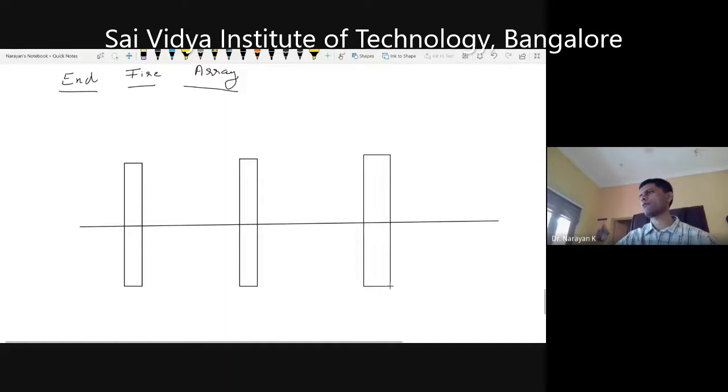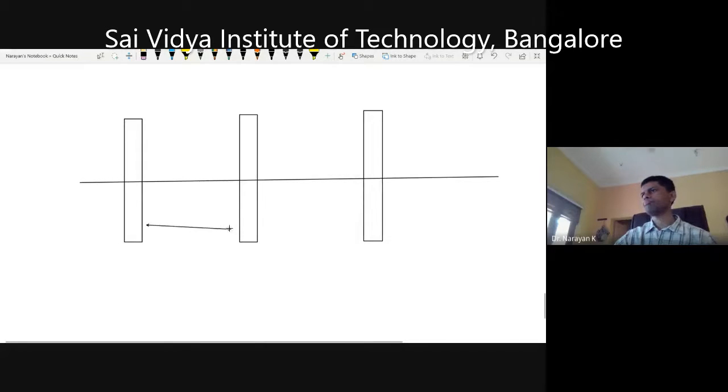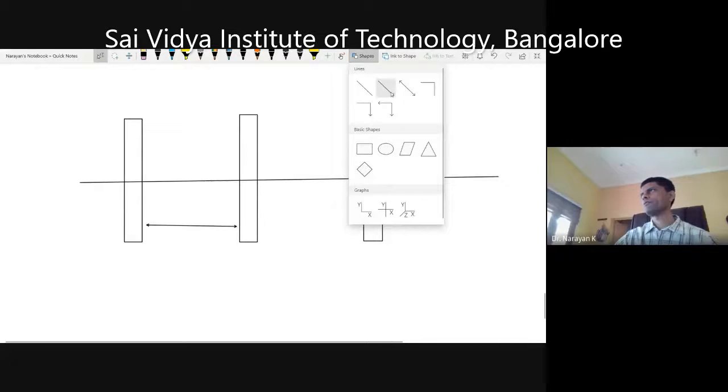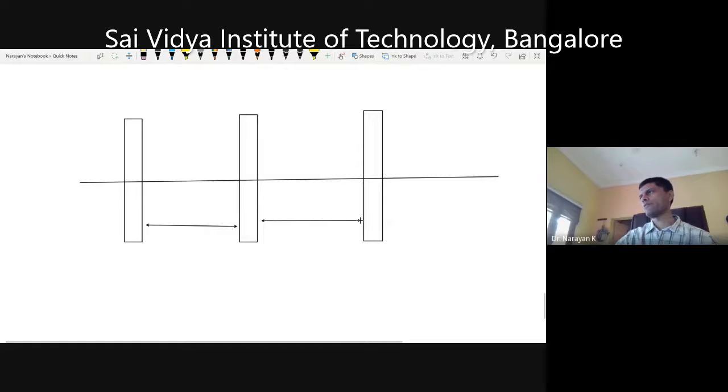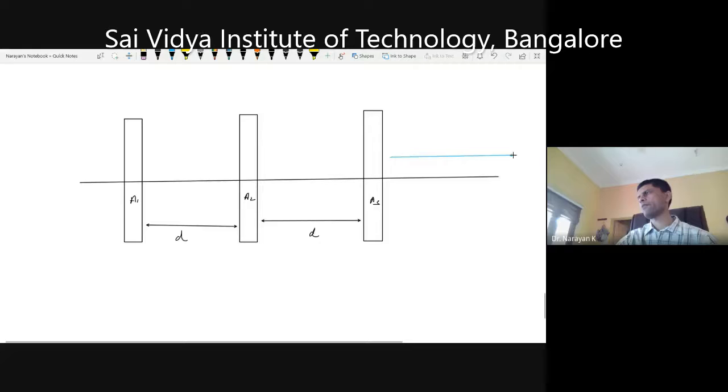Suppose I call this antenna 1, 2, and antenna 3. If you reverse the phase of the current, you will realize your end fire array. All that we'll be doing mathematically. This is your distance D. These are the elements of your antenna, antenna 1, antenna 2, antenna 3 of the array. So your direction of maximum radiation will be along the axis of the array.